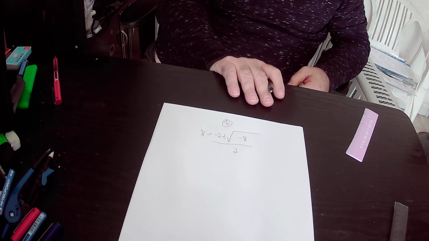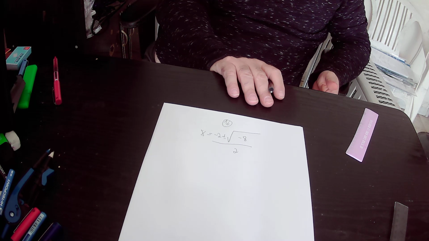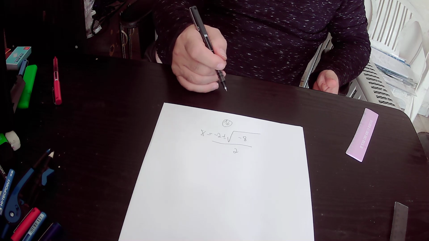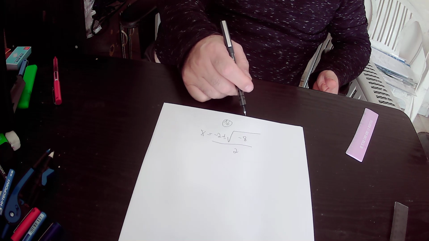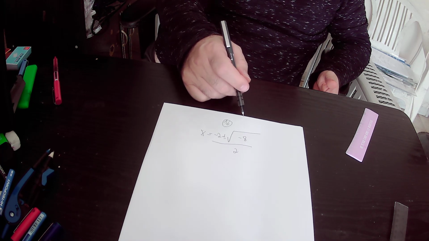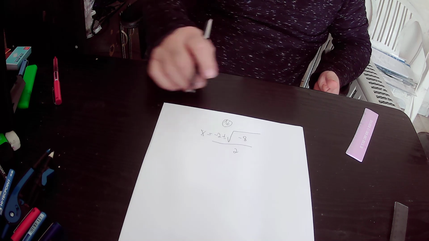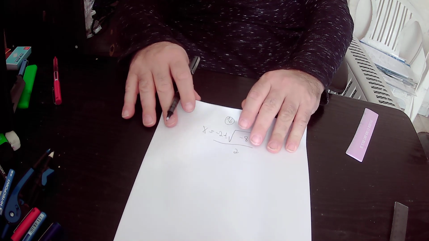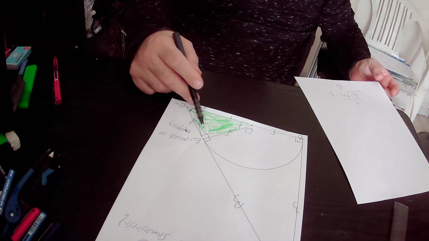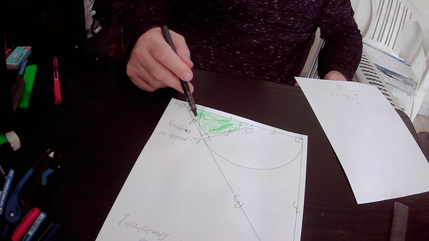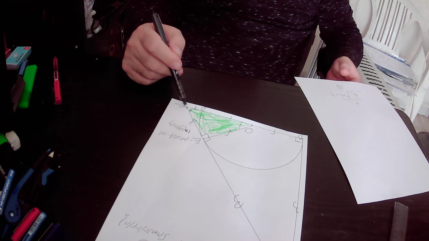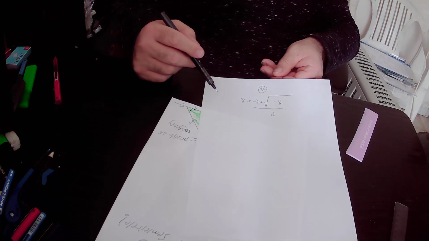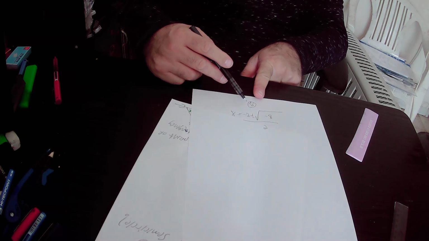So it is not possible, or this is not a correct solution, because the square root of minus 8 is not a real number, and we know that x is a side of a triangle, and a side of a triangle must be a positive number. Therefore, x cannot be equal to something that is not a real number.